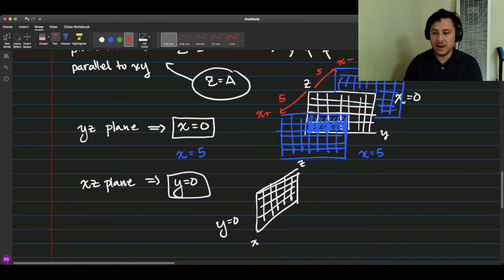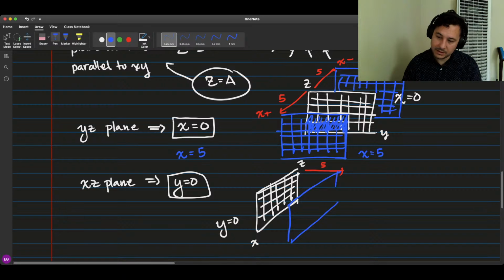And then if you wanted to graph something like y equals 5, you would get this other sheet of paper which is parallel to it but moved over by 5 in the positive direction.